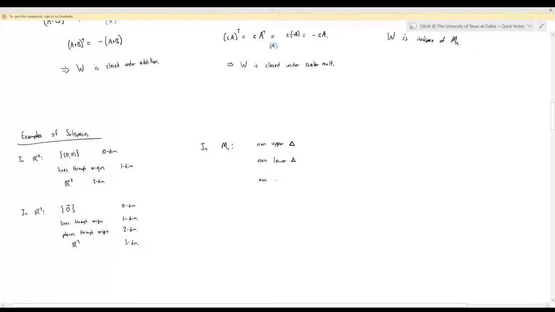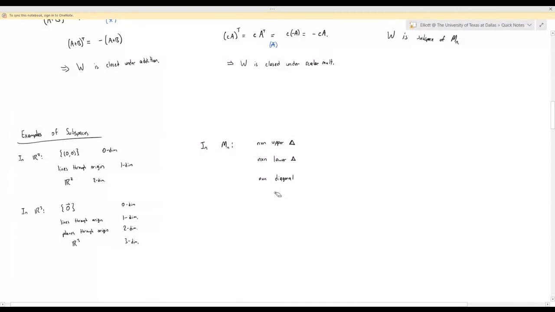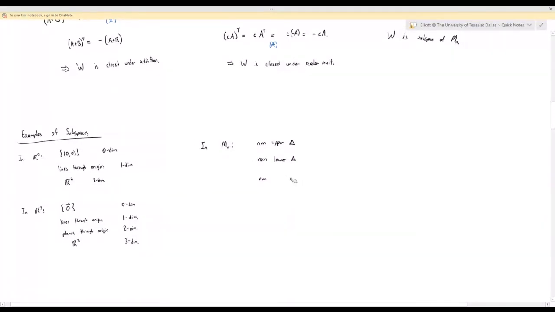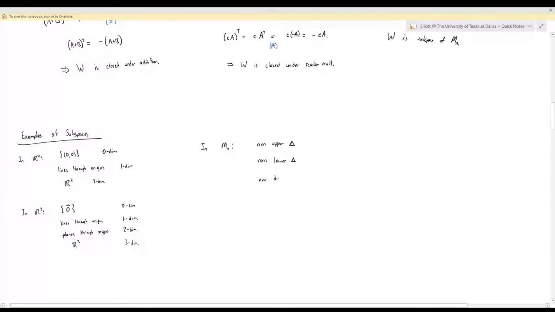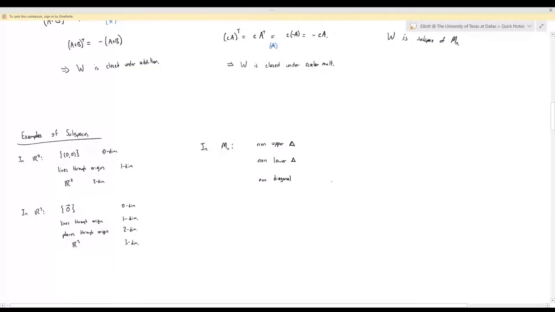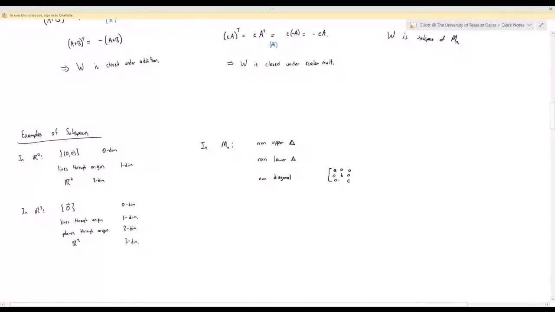The n by n diagonal matrices. The sum of any two diagonal matrices is also diagonal, and the scalar multiple of a diagonal matrix is also diagonal. Remember that diagonal matrices are matrices that have 0 everywhere except for the diagonal.